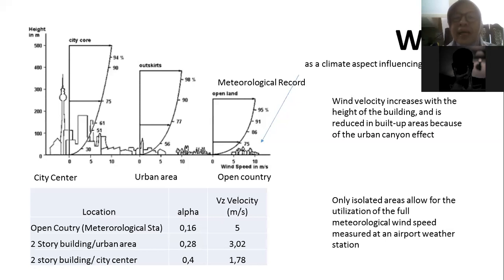So, wind is a climate aspect influencing ventilation. Wind velocity increases with the height of the building and is reduced in built-up areas because of the urban canyon effect.